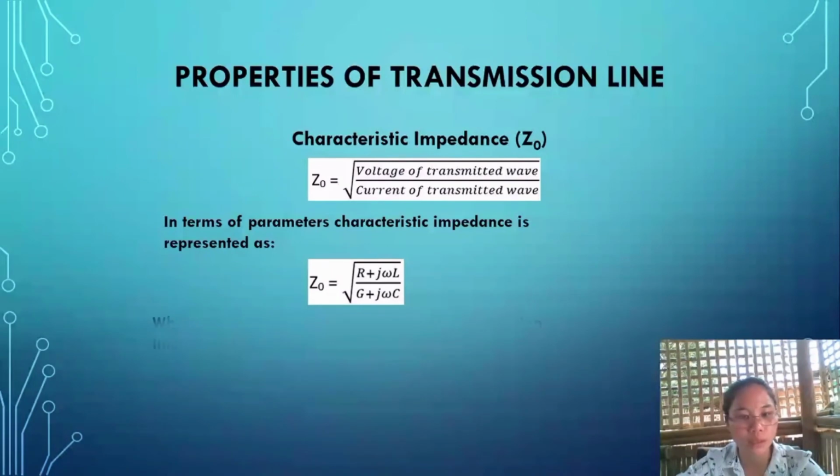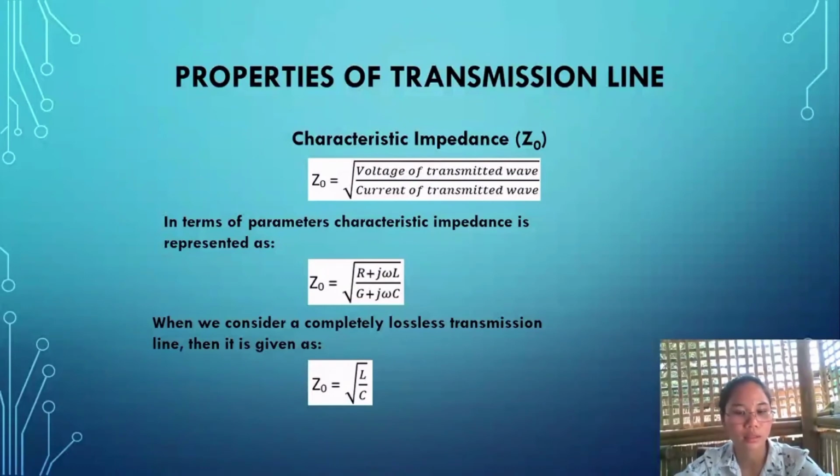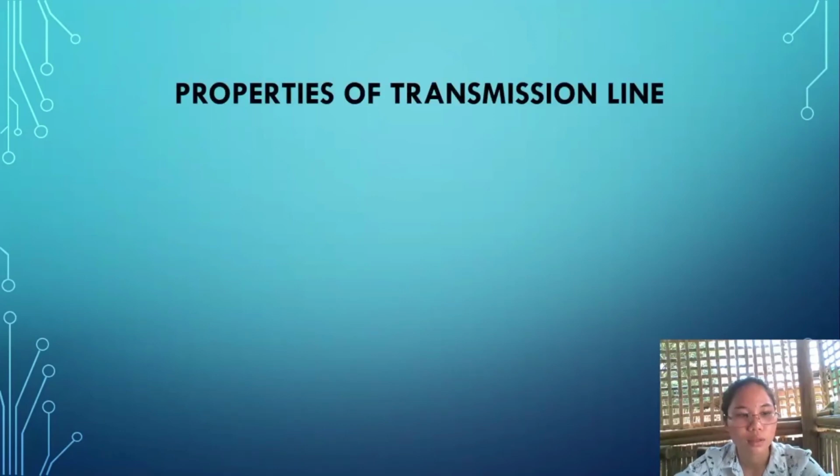When we consider a completely lossless transmission line, it is given as Z sub O equals the square root of L, the inductance, divided by C, the capacitance. A symmetrical network is said to be accurately terminated when the characteristic impedance at both its ends is equal.